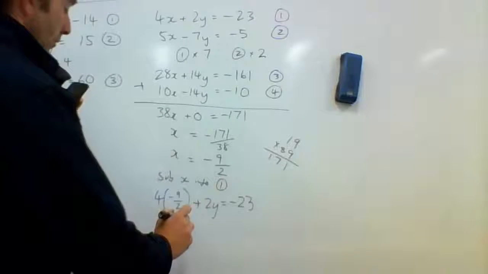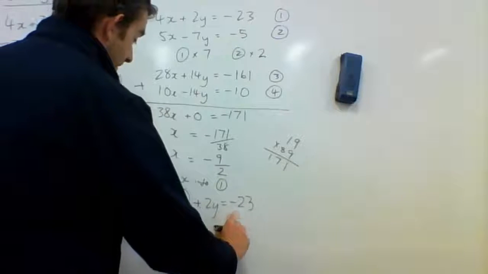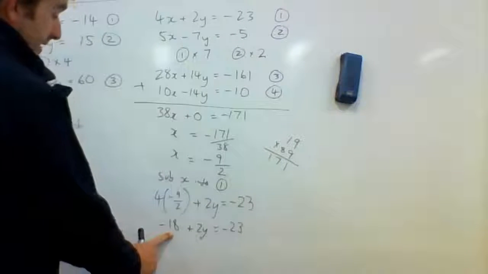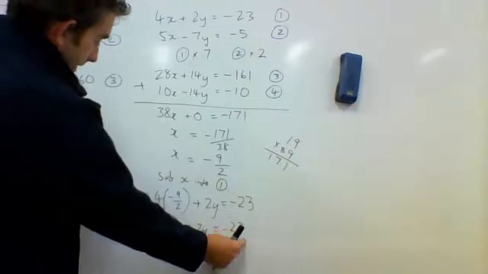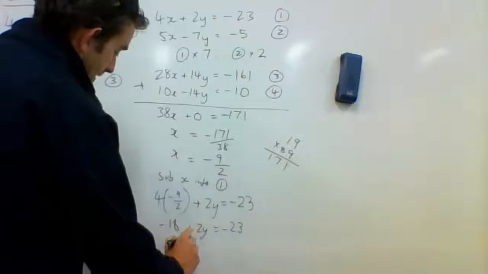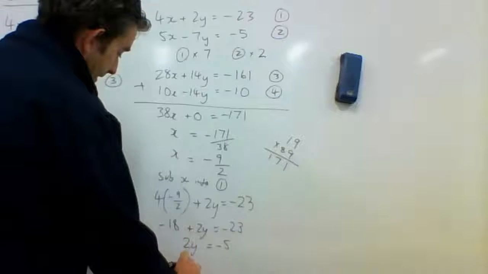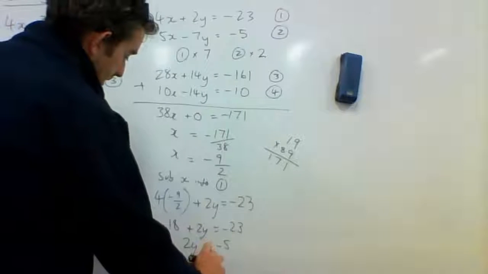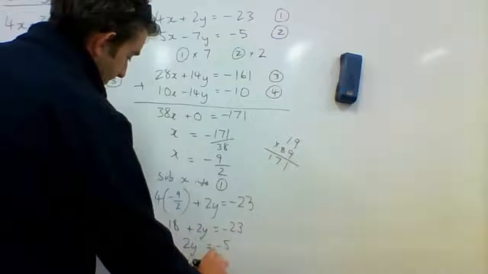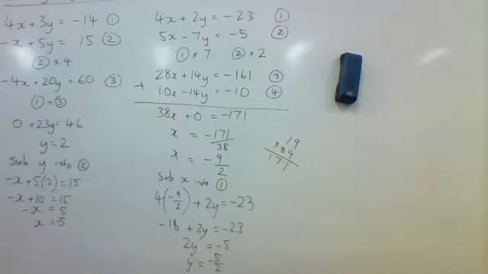Yes, that's right, take my word for it. Plus 2y equals negative 23. Negative 18, to get rid of that, I need to add it on the other side. Negative 23 plus 18, 2y will equal negative 5. So y will equal negative 5 over 2. Or negative 2.5, depending on how you work it out.